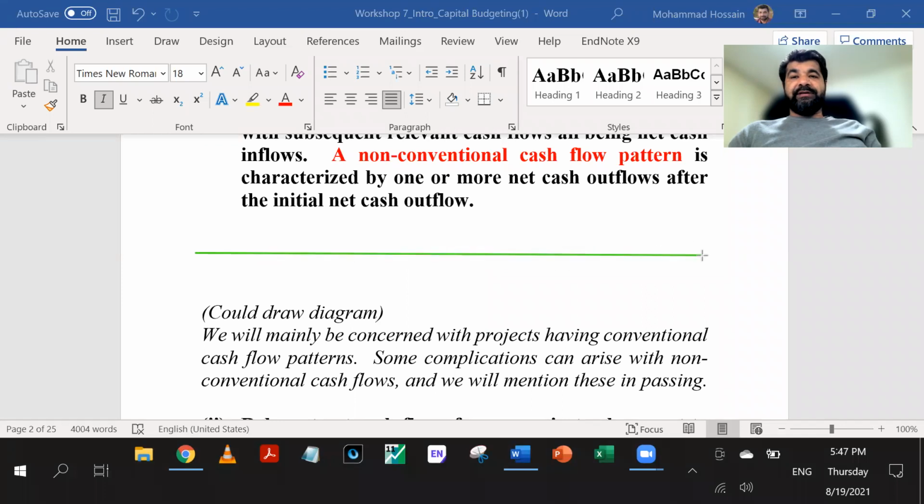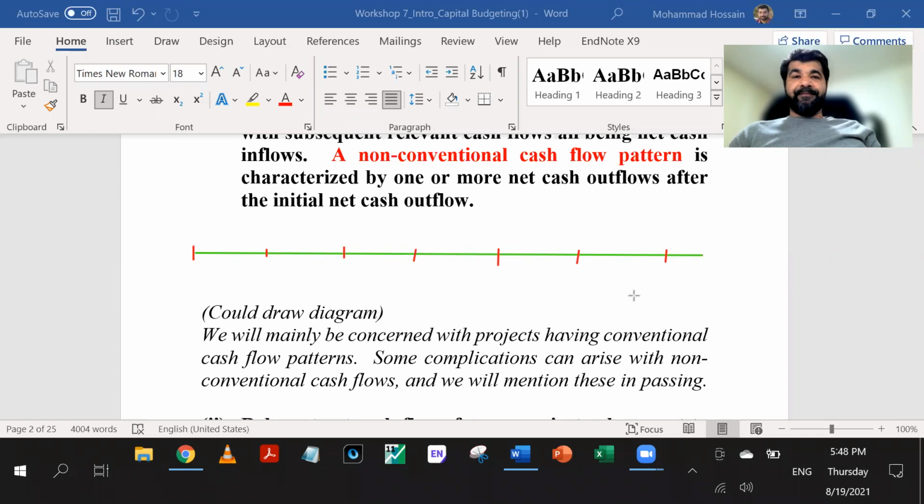Let's say this is a line. And in this line, we are going to show you here one, two, okay, 3, 4, 5, 6, 7, for example.